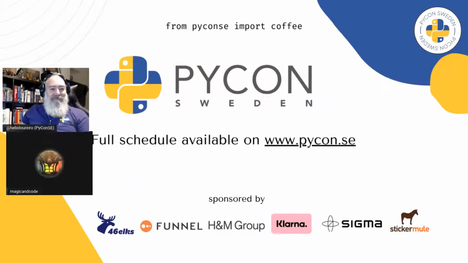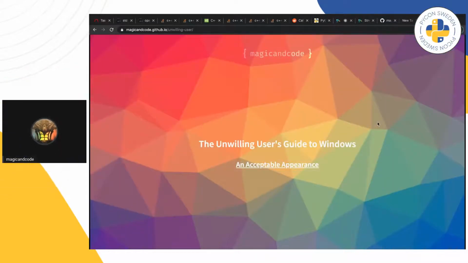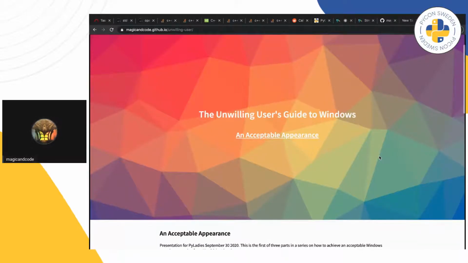Does that work? So I'm having a series on the Unwilling User's Guide to Windows, because I was a very unwilling Windows user after having used macOS for many years.